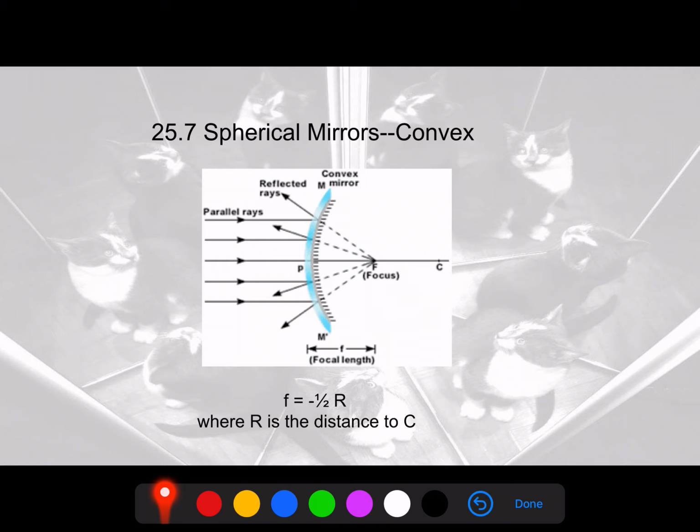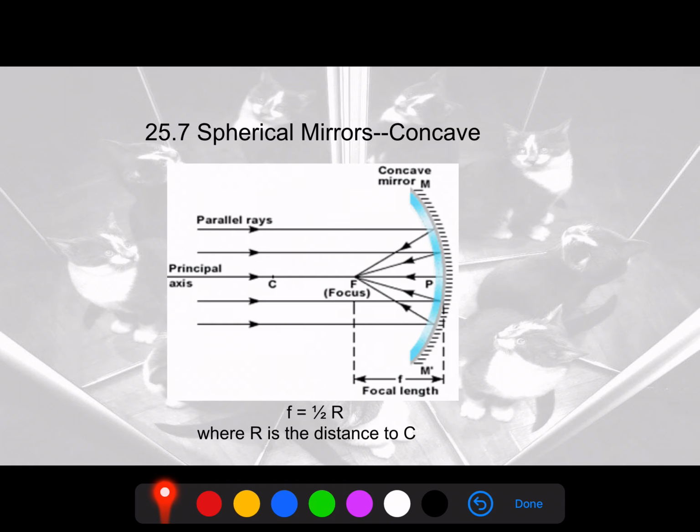This focus is also located half of the radius of curvature away from the center of the convex mirror. We, as a convention, give this a minus sign to reflect the fact, no pun intended, that it is actually, quote unquote, behind the mirror, and it is a virtual image rather than, in the case of a concave mirror, a real image that would form at this focus.